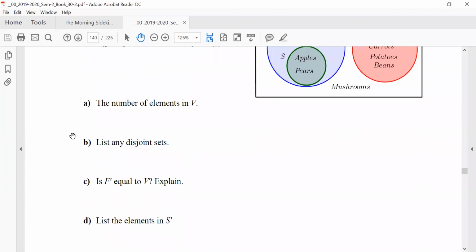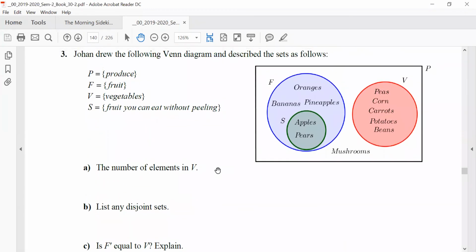Okay, last question. List the elements that are not in S. Well, everything that's not in S. Change my pen, maybe I'll go to black. Not S. So I'm going to go and I'm going to circle S, and I want everything that's not in S. So I'm going to shade.